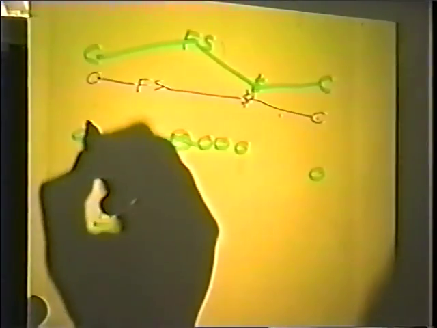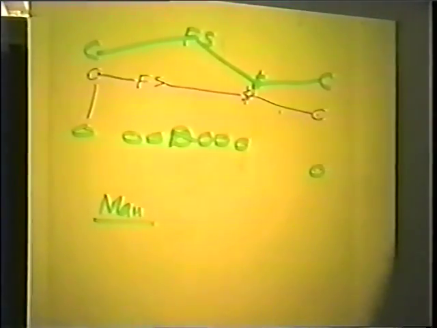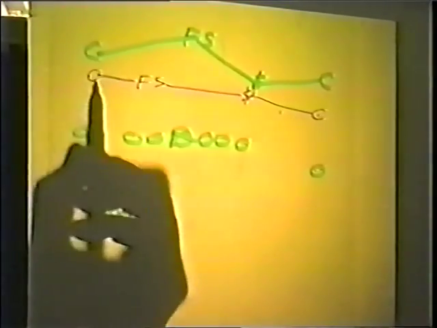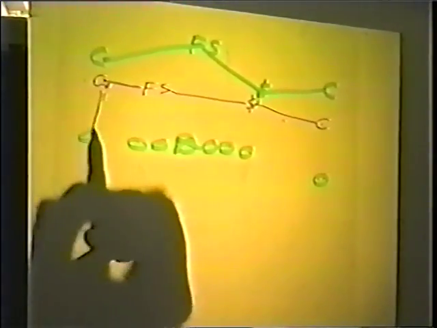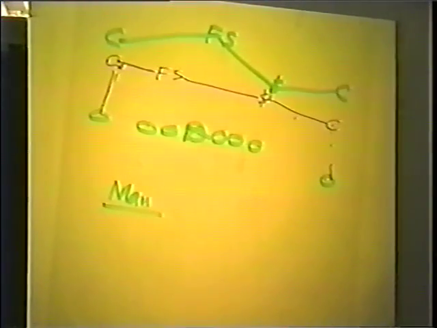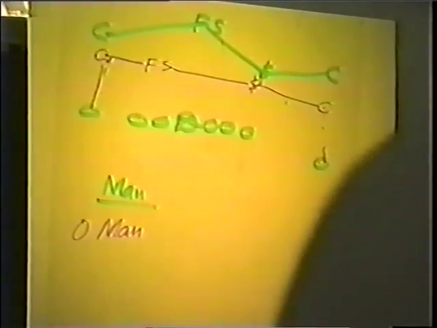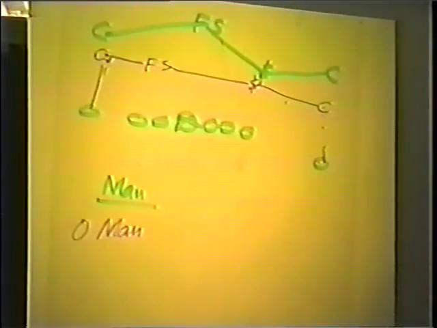Now the depth of this and the relative position of these guys to the wide receivers is going to be important. If these guys are inside the wide receivers and these safeties are at, say, 6, 7, or 8 yards, less than 10 yards, there's a high percentage that it's what we would call zero man. Okay? What I mean by that is there's nobody deep, 0 people deep. Okay?